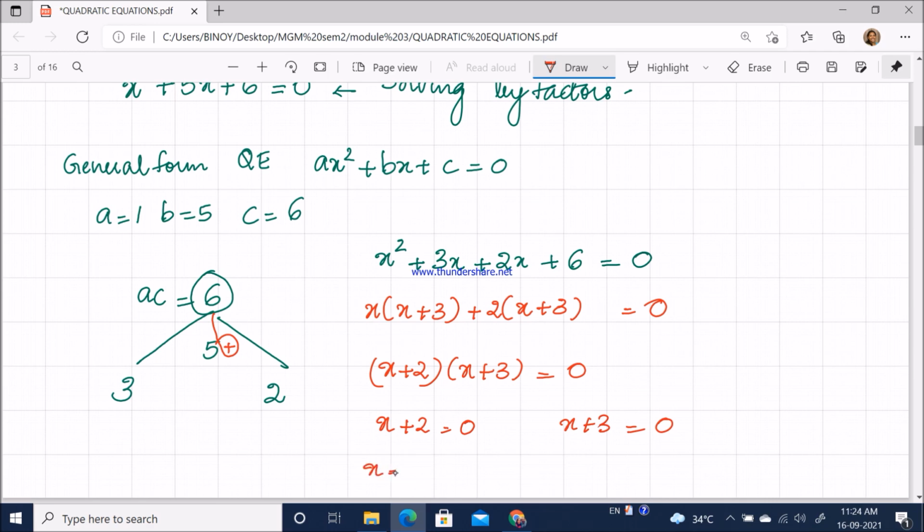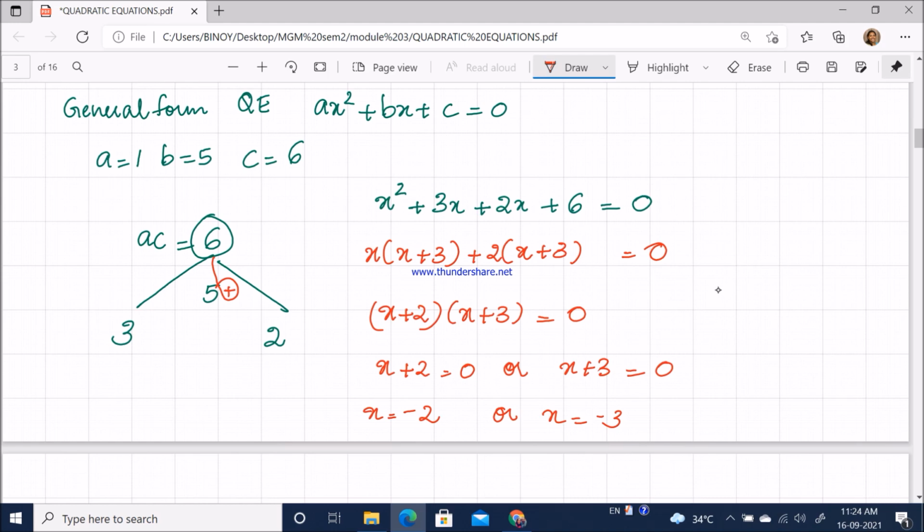So x should be either minus 2 or minus 3. So the roots of the equation are either minus 2 or minus 3. The value of x is the one we are looking for. So the value of x can be minus 2 or minus 3.